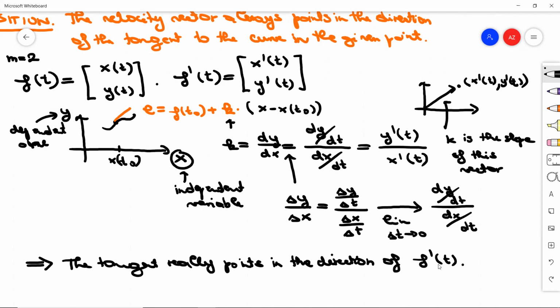This is almost always true. When is this not true? And this discussion will, in fact, motivate our next definition. So this conclusion is really true almost always. There is only one case when this is not true. Does anybody see where the problem could appear?